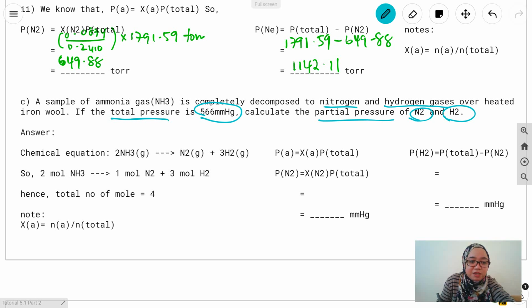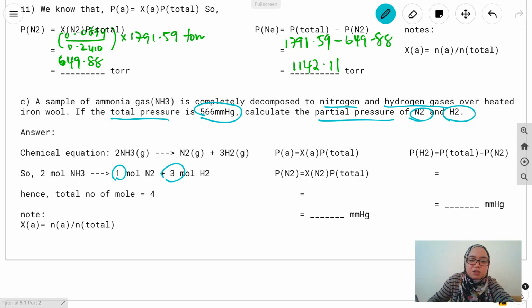3 plus 1, because we want to find the partial pressure for N2 and H2. Okay, so we know that the total number of mole for the nitrogen and hydrogen is 4. Okay, so note that to find the mole fraction, we need to use the number of mole over total number of mole.